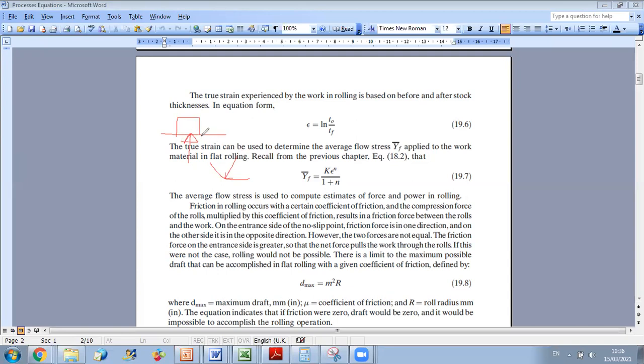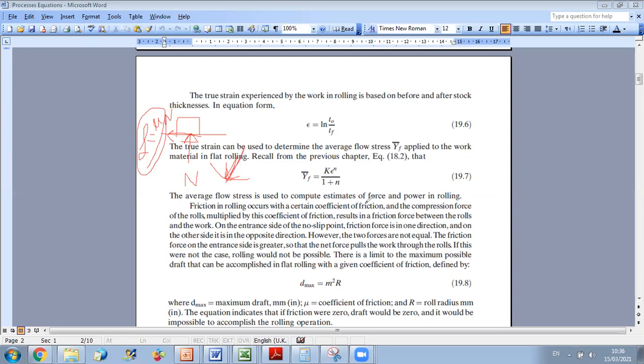The friction force is related to the normal reaction between them. So if I have a normal, then I can calculate friction from the friction coefficient mu times the normal. By computation of the force F, I can determine the friction force, because the friction force is related to the normal action.